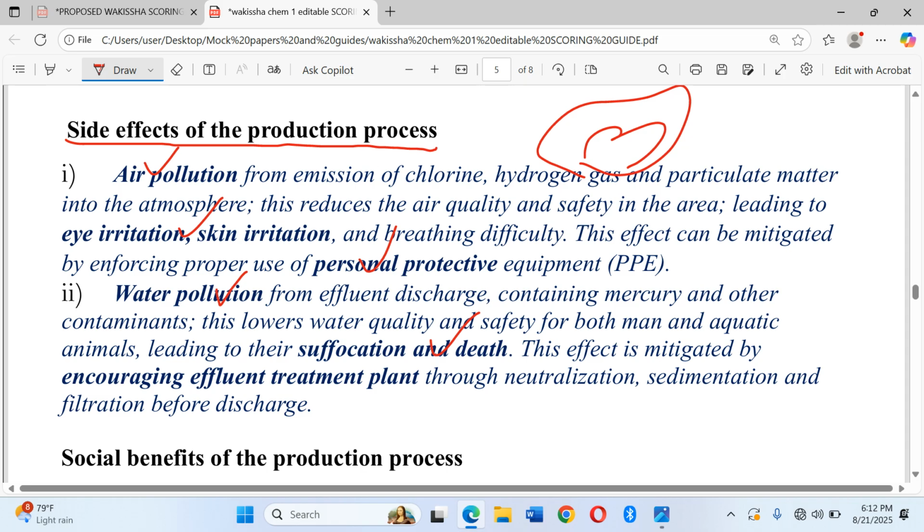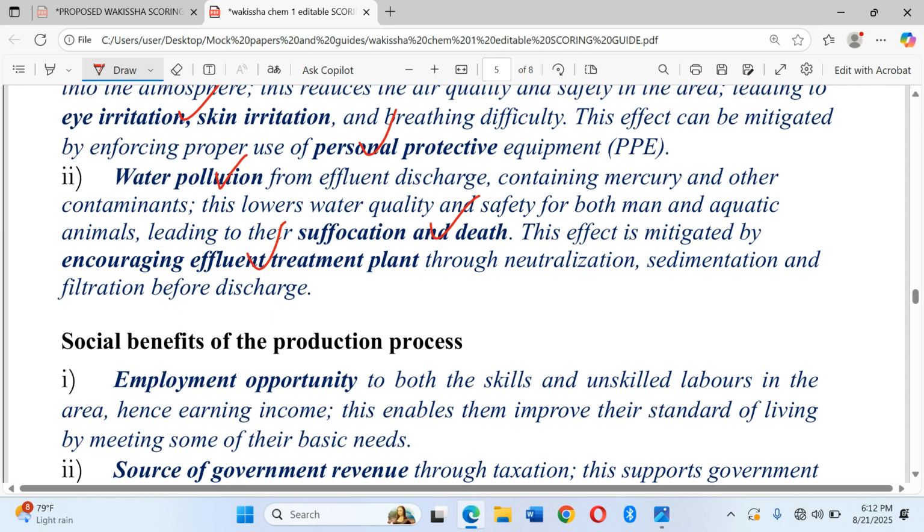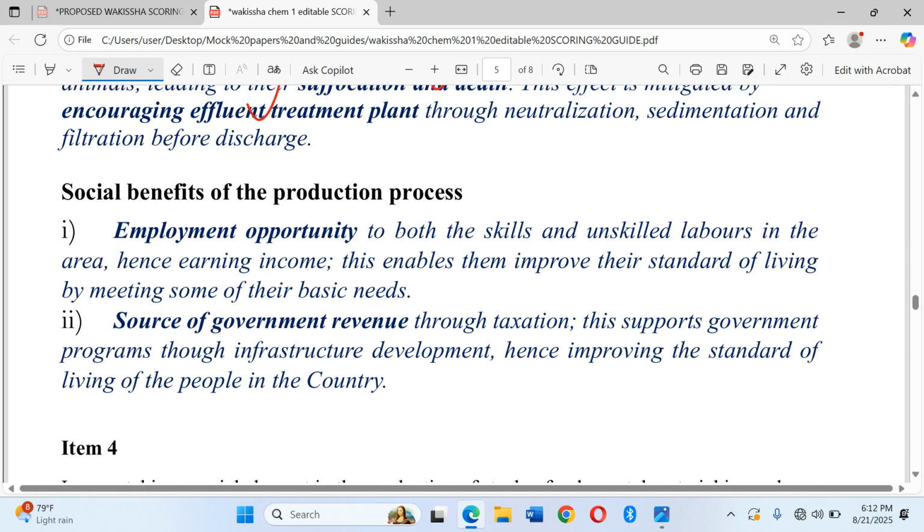This effect is mitigated by encouraging effluent treatment plant through neutralization, sedimentation, and filtration before discharge. So even when you put this point, you are able to get all your 3 scores. So make sure that your points you put down are pregnant points. It can give you all the 3 scores.